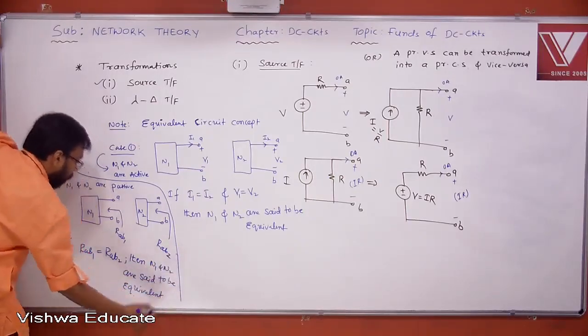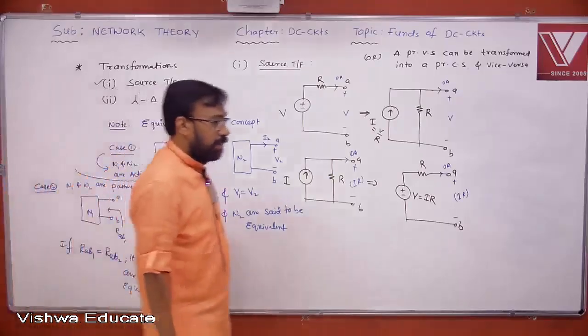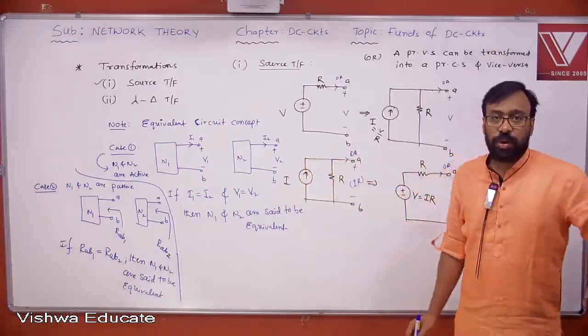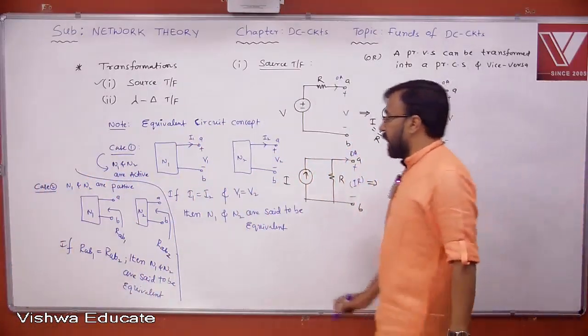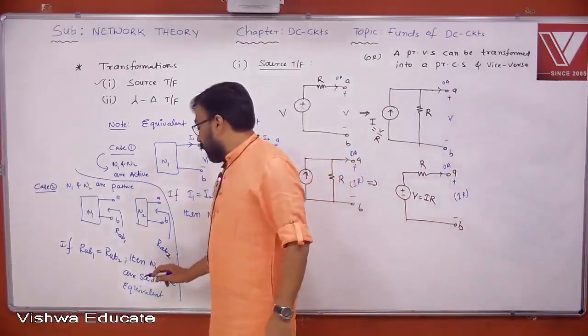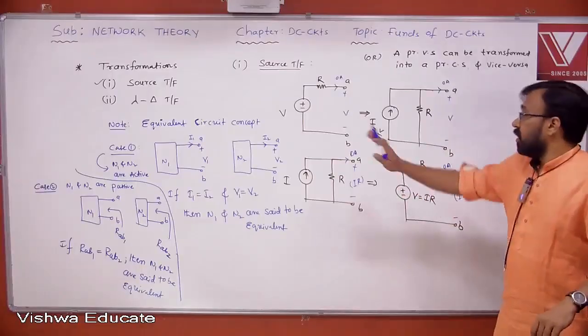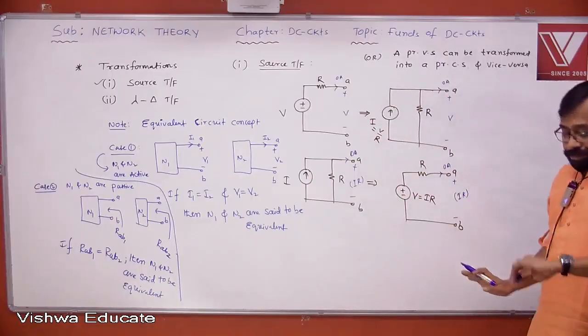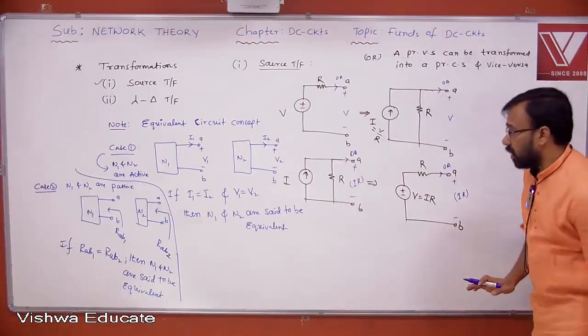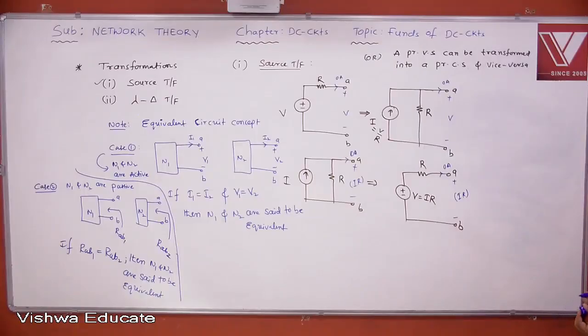If RAB1 and RAB2 are equal, then I can say N1 and N2 are said to be equivalent. So it's very clear, active networks and passive networks case. So please note down quickly. Please note down, I'll give you time.